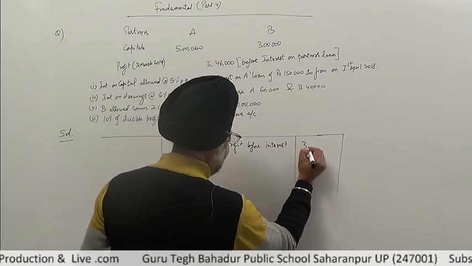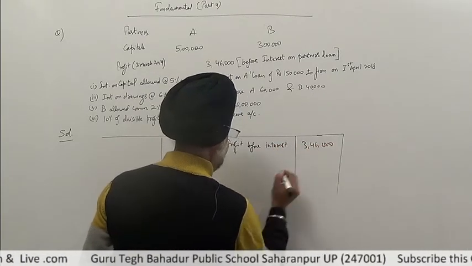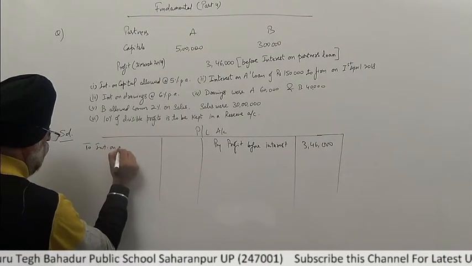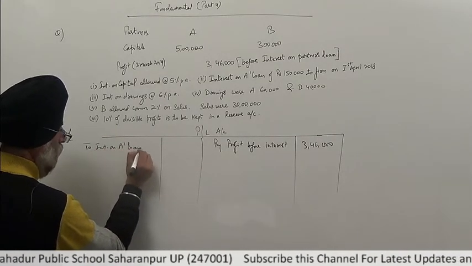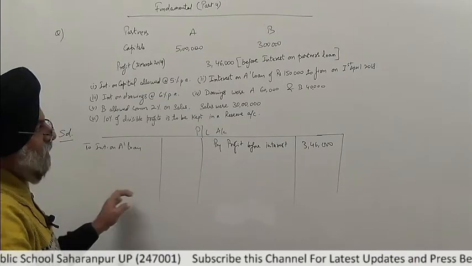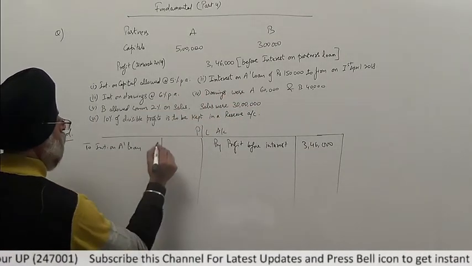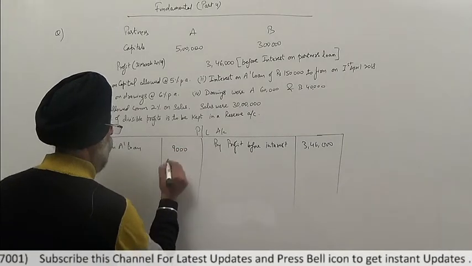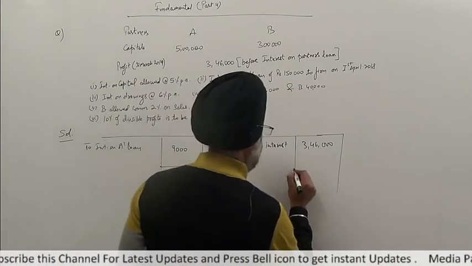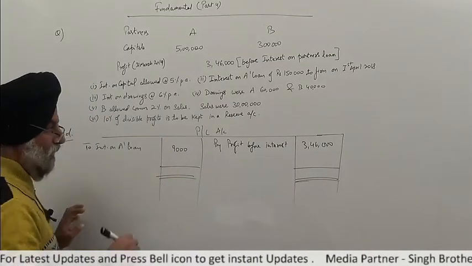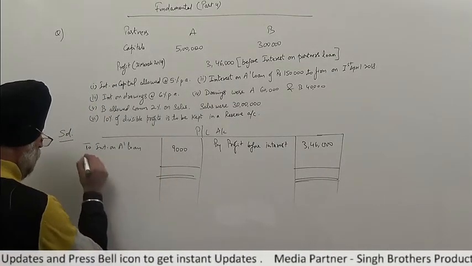Now charge interest on A's loan. This interest amounts to rupees 9,000. So after charging this interest, take the balance of the net profit, and that profit is transferred to the P&L appropriation account.